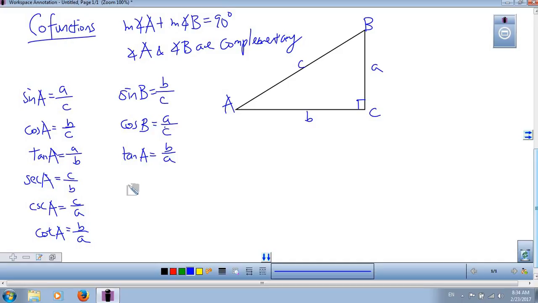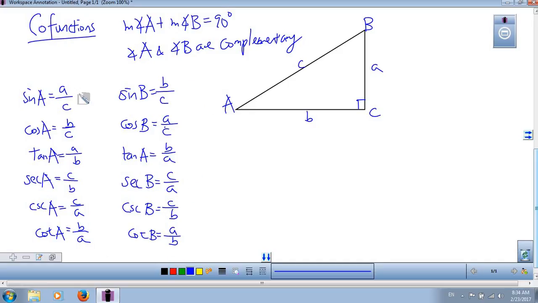And the secant of angle B will be C over A. Cosecant B will be C over opposite, which is B, and then cotangent B will be equal to adjacent over opposite, A over B.